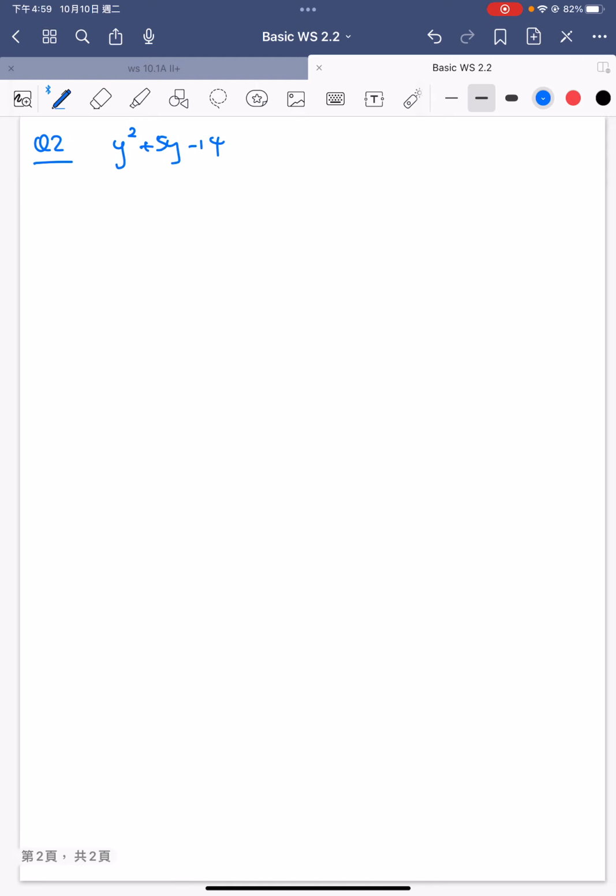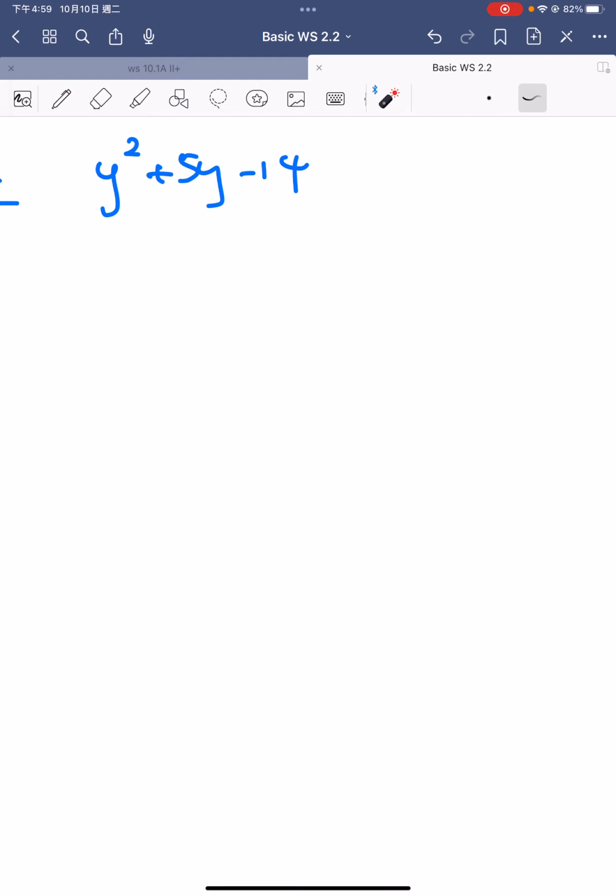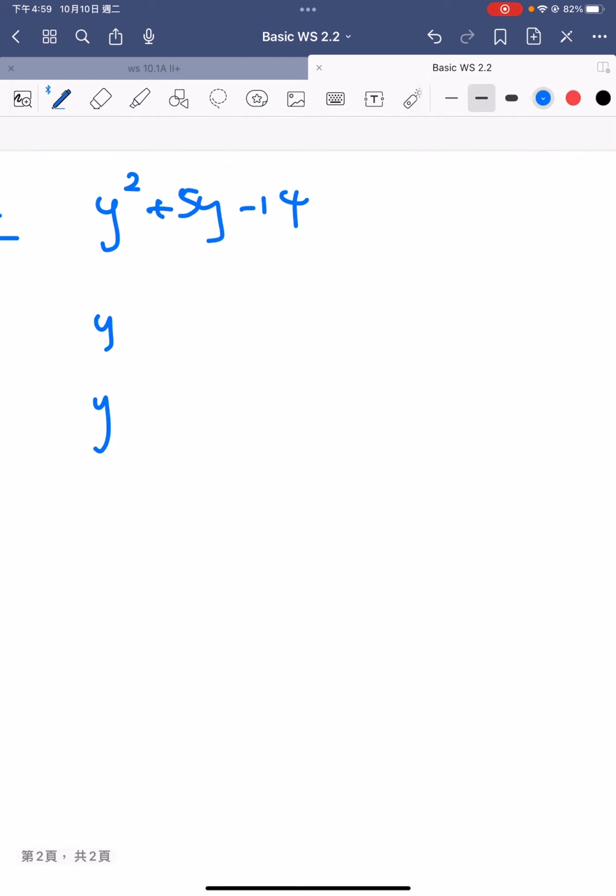Let's do question 2. For question 2, we have y squared plus 5y minus 14. Again, as the coefficient of y squared is 1, the y squared can only be factorized as y and y. Let's look at the negative 14.